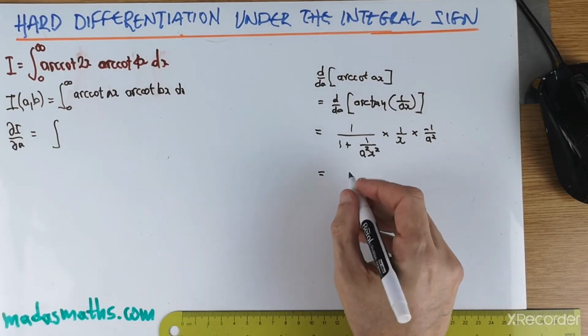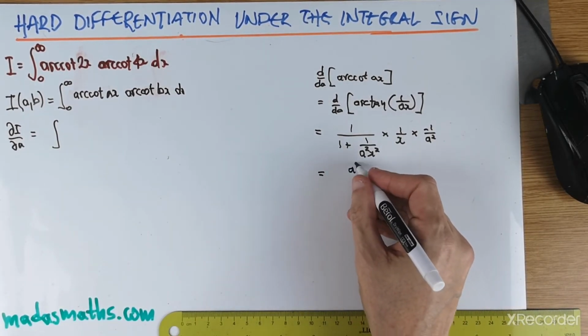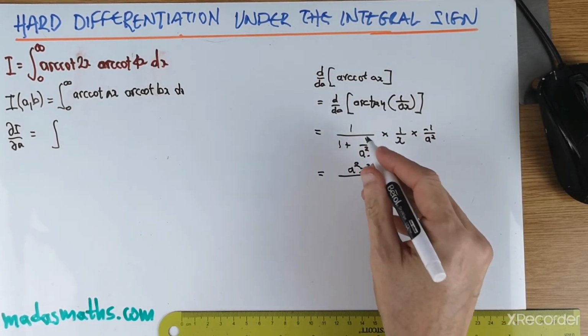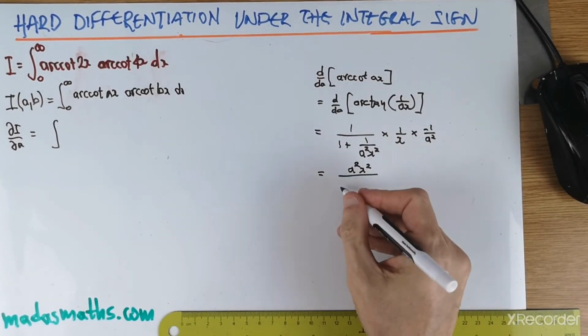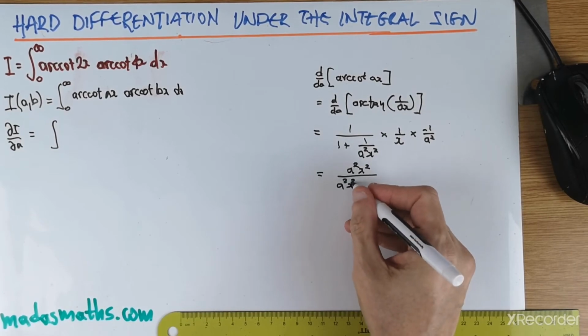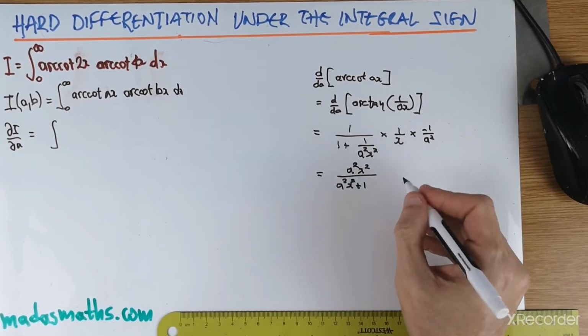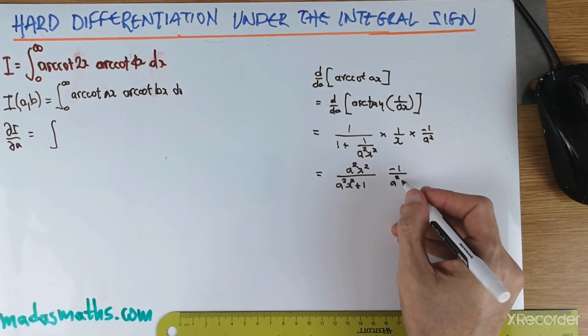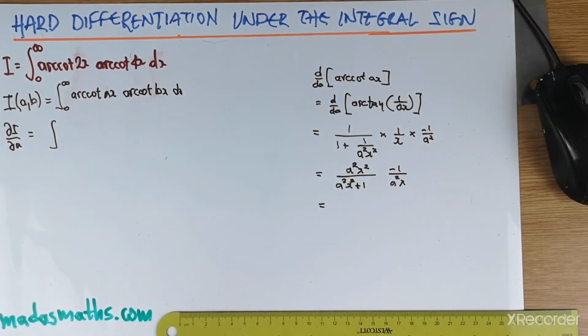Pardon me, I did warn you. Multiply top and bottom of this fraction by a squared x squared. So it's going to look like this, and that's going to be minus 1 over a squared x. Now what does it simplify to?